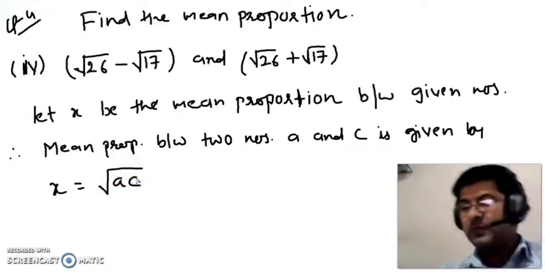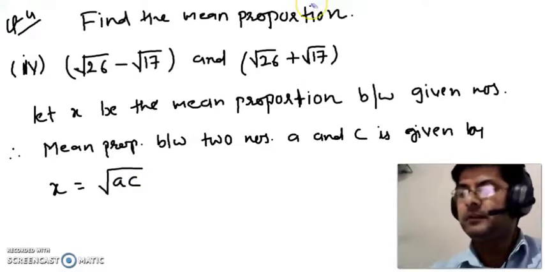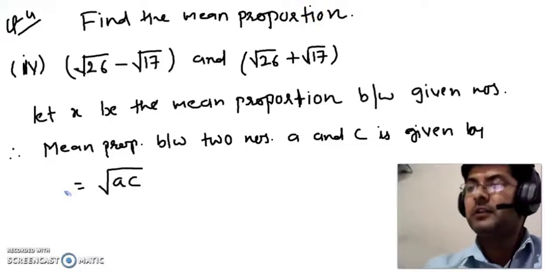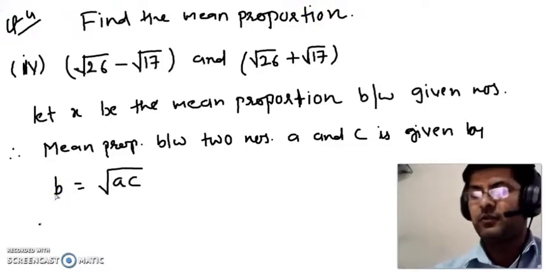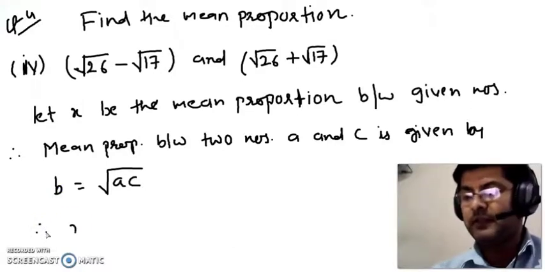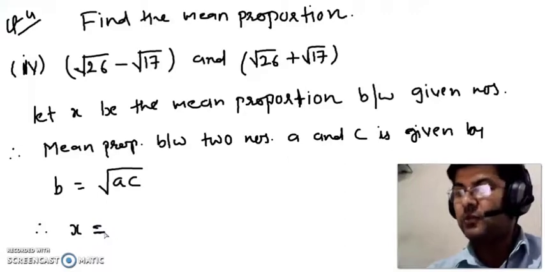Clear? b is equal to square root of ac. In this case we have x.